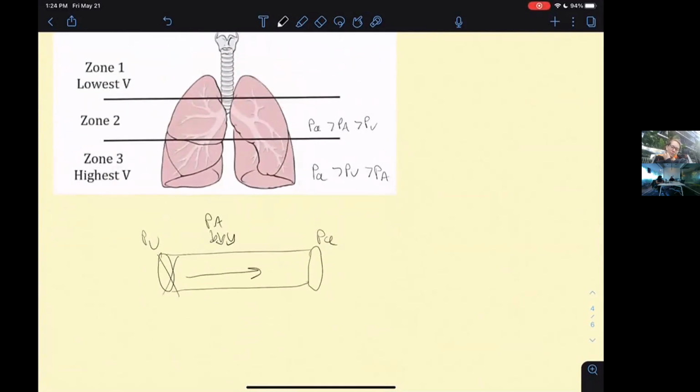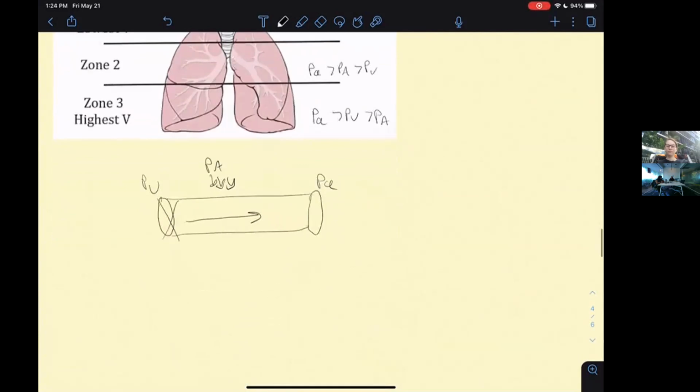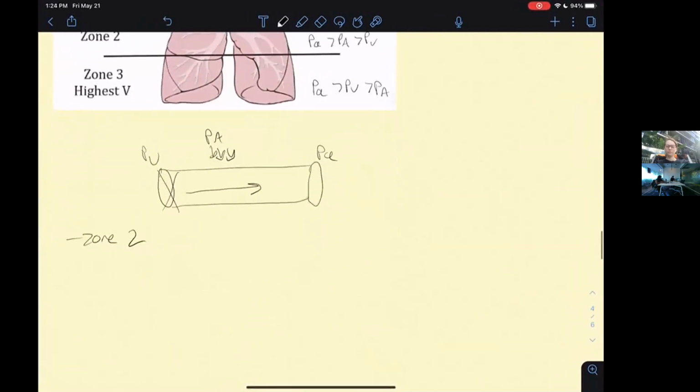So if we think about our cycle, the greatest pressure is due to right ventricle contraction. So at the peak of right ventricle contraction, your arterial blood pressure can actually open up the venous side of the capillary, so it can allow blood flow to occur.